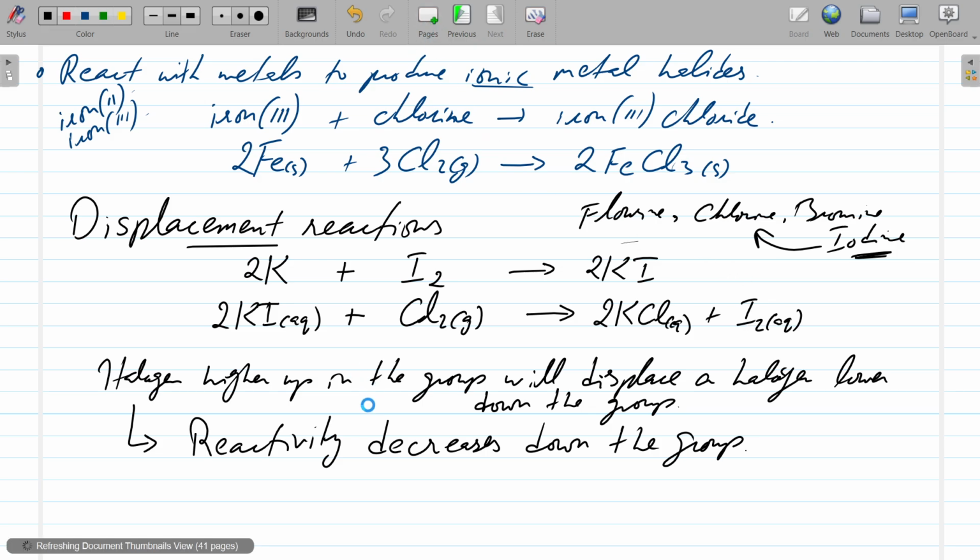The question is, why is the reactivity decreasing down the group? And please, if you have any question during the class, you can just ask.